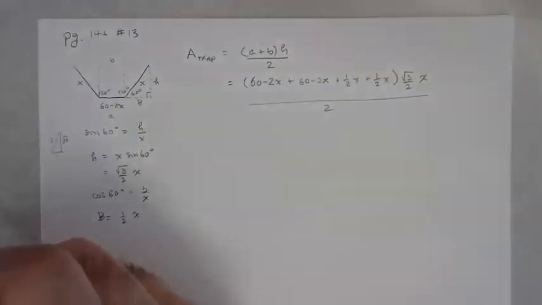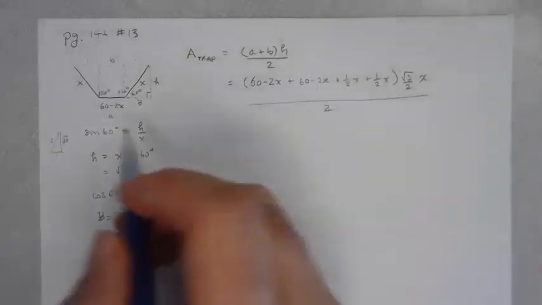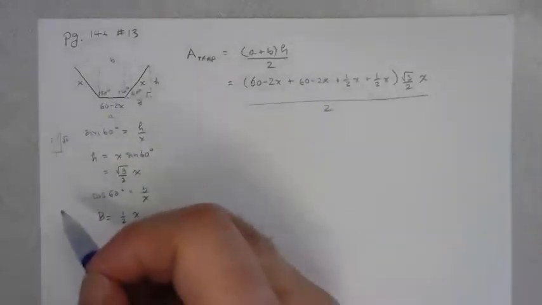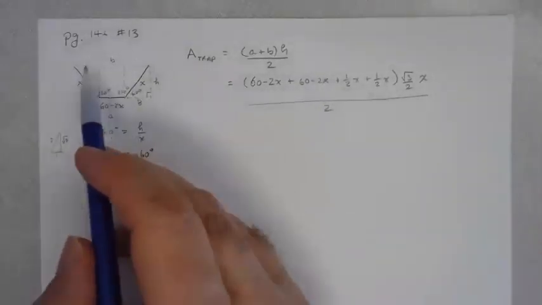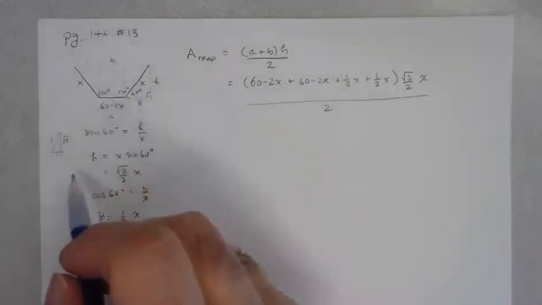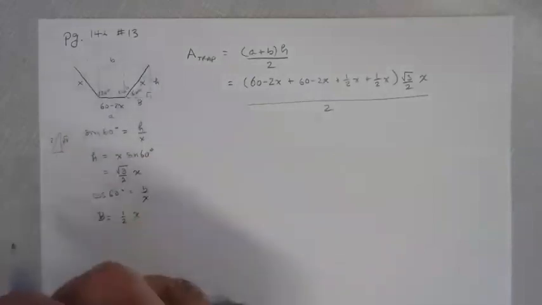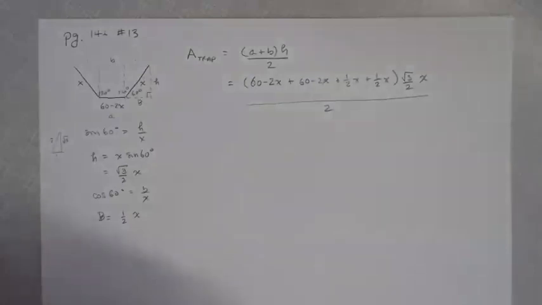Okay. So while this looks a little complicated, essentially I just did exactly what I did last time: I put everything together, except instead of using my angle as my variable, I used one of these side lengths as my variable, because that's the thing I don't know. Where did the minus 2x come from?